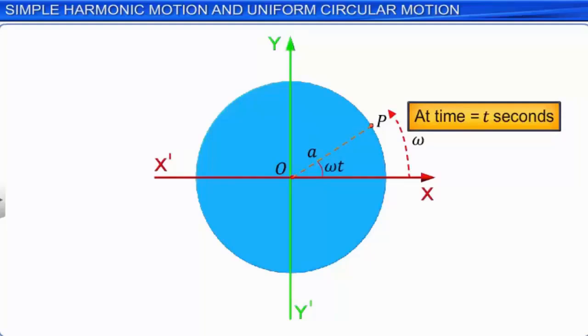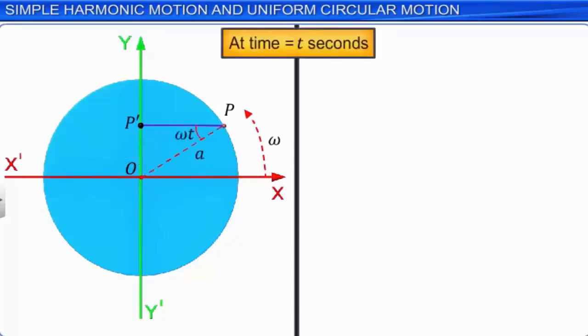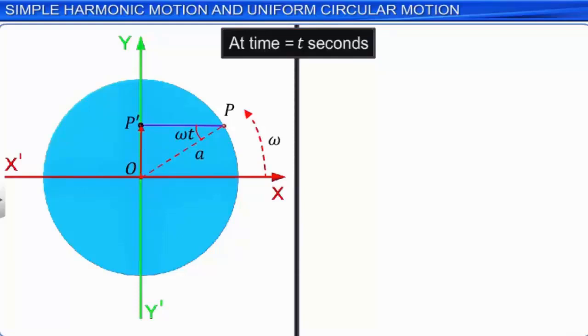Consider the position of the projection of the particle along the y-axis when the particle moves through an angle ωt in a time interval t. The projection of the particle moves from the origin to the position as shown in the time t seconds. The displacement of the projection of the particle, y, is then obtained using trigonometric ratios of the right-angle triangle thus formed.